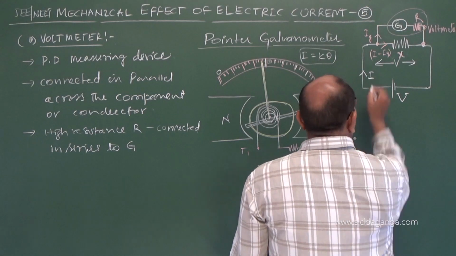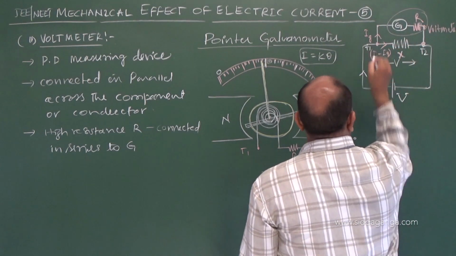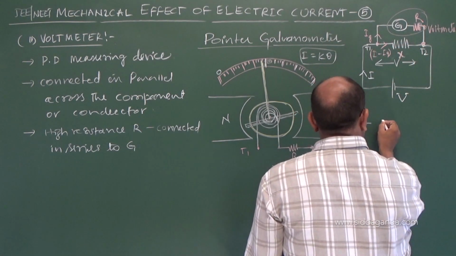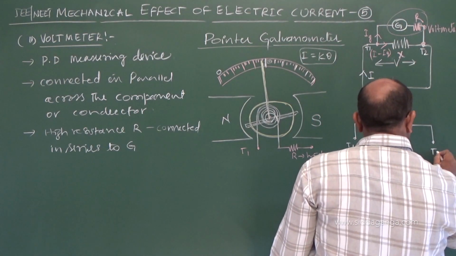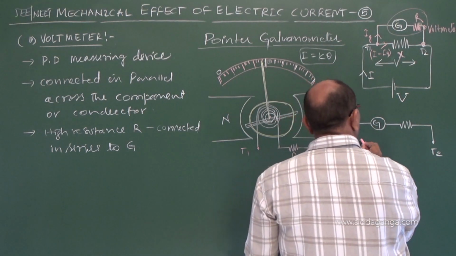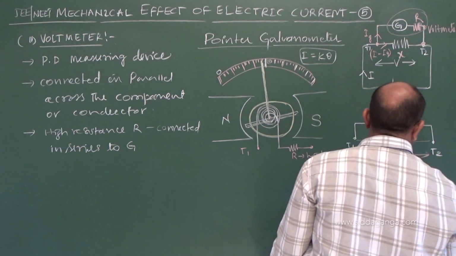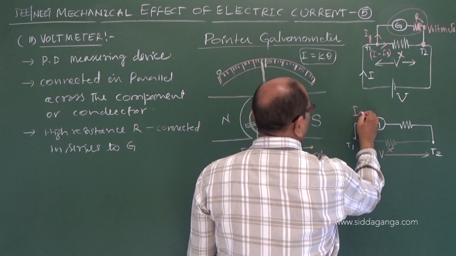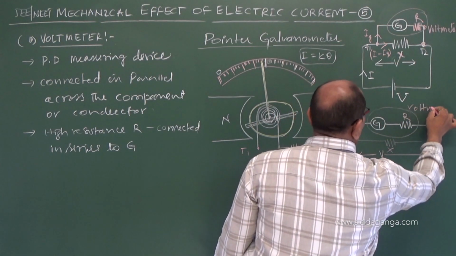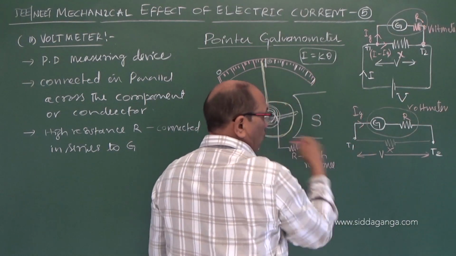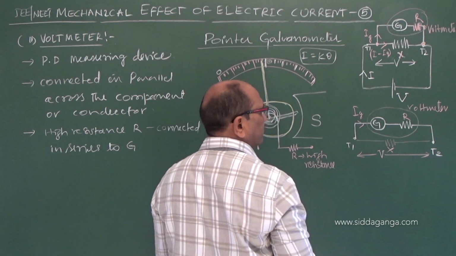So this is the terminal T1 and T2, across which I took the galvanometer and this resistor. This is the resistance across which we want to measure the voltage. This current is Ig, with a high resistance. This is the voltmeter. What you have to measure is X, and that should be almost equal to what it had earlier.